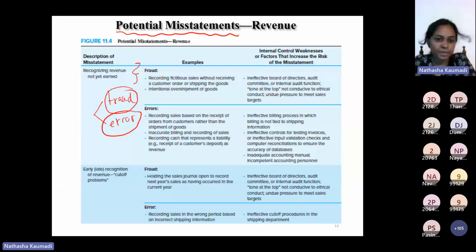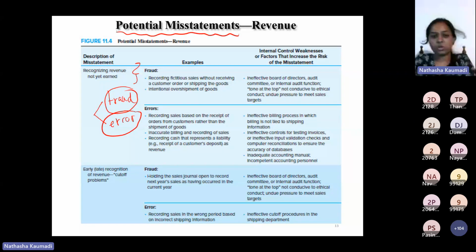For example, recording fictitious sales without receiving a customer order or shipping the goods. Can you remember the example I told you? The managers have recorded fictitious sales in the books. Why? They wanted to inflate the revenue figures just to achieve their sales target. That is a fraud.